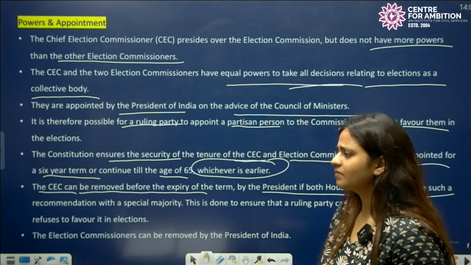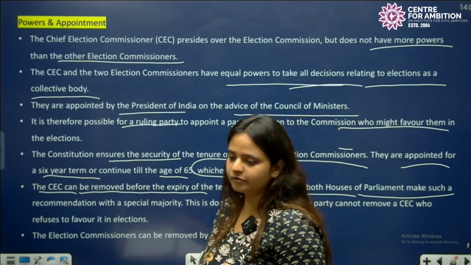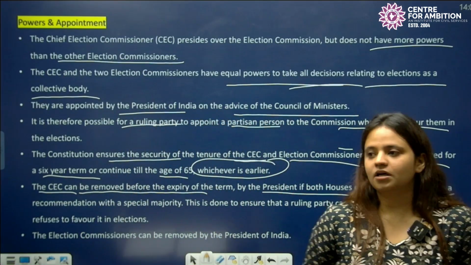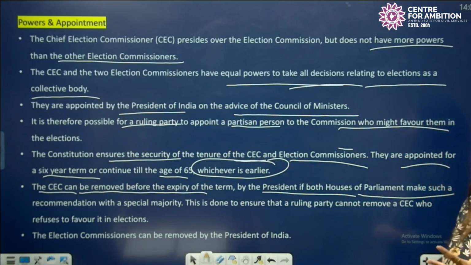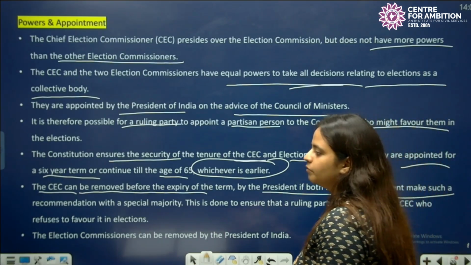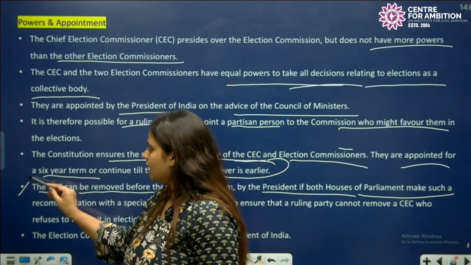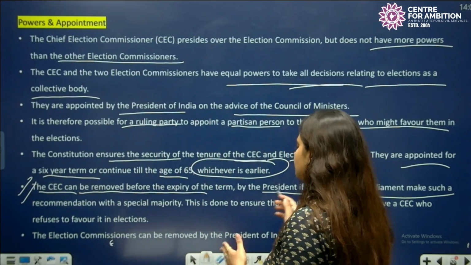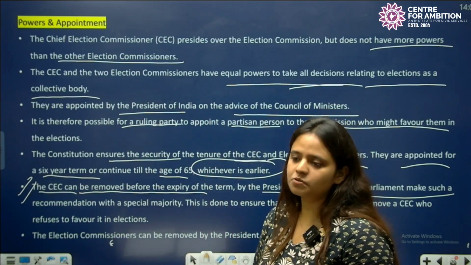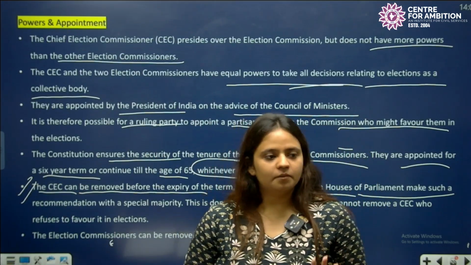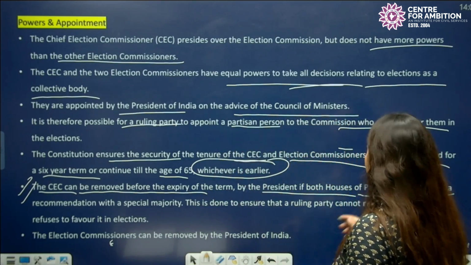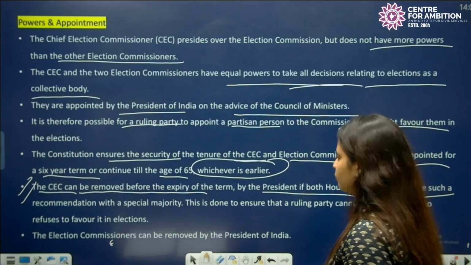What happens in the removal of Supreme Court judges is that both the houses of the parliament recommend the removal of a judge with a special majority. So it is the same for the chief election commissioner. It can be removed by the president when both the houses of the parliament recommend with a special majority.